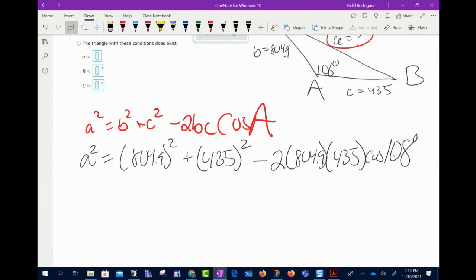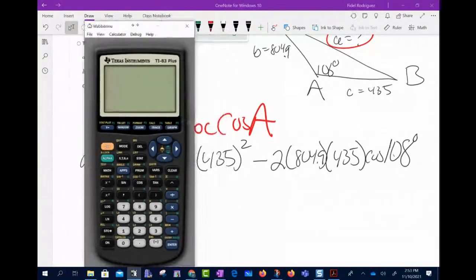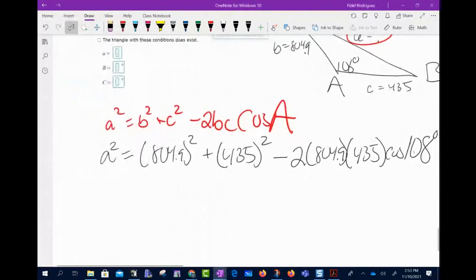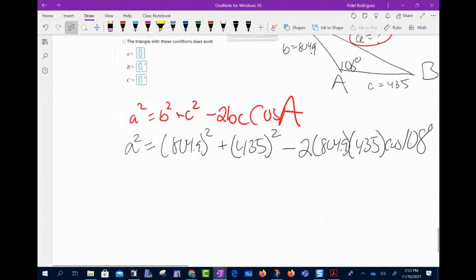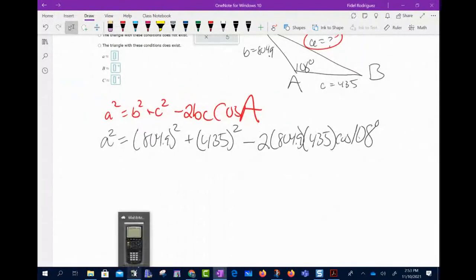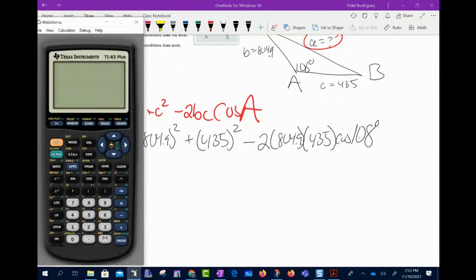Again, y'all, this is going to be calculator type stuff. There would be literally no way to find out little a otherwise.